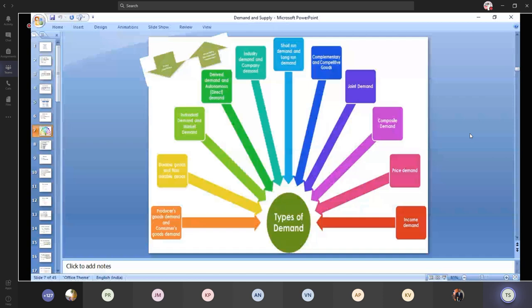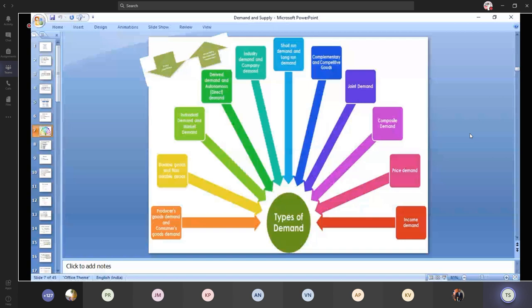Milk is a single product, but it can be used for various purposes. We can use it with rice, otherwise we can use it for some gravies, or otherwise for curd. So milk is a single product which can be used for multiple purposes. Those types of commodities' demand come under the composite demand.